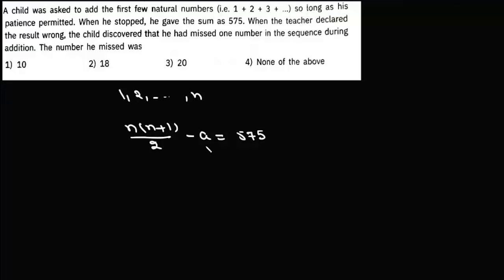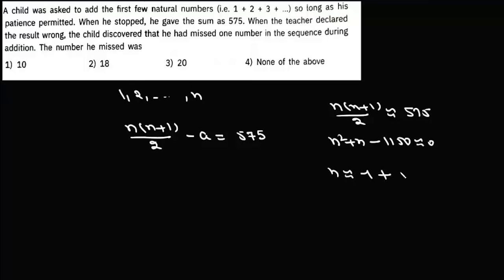So what we'll do is, rather than finding this A, we'll find a number of n which is closer to 575. Now this is n square plus n minus 1150 equals 0. So the value of n which is closer to this sum, it will be minus 1, we'll take plus sign, and then it will be 1 plus 4 into 1150 whole divided by 2.